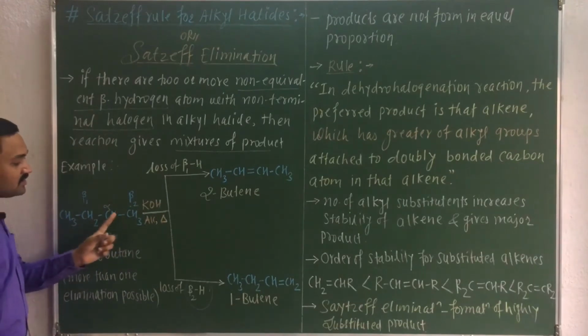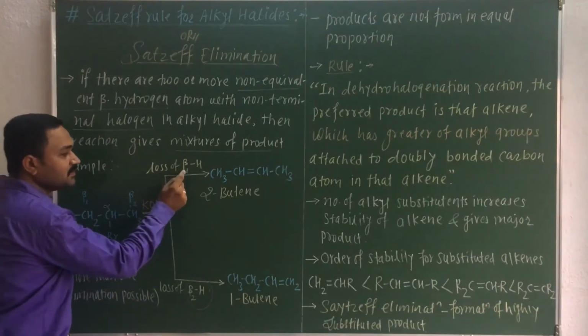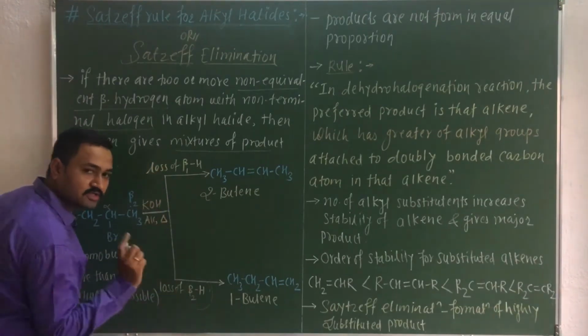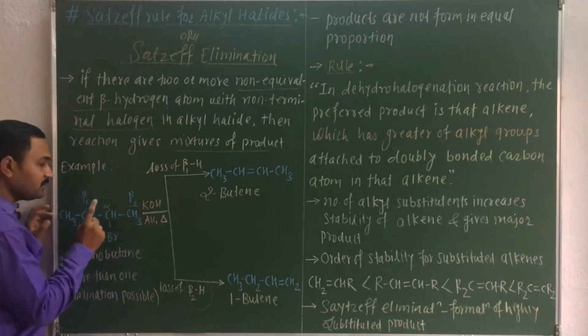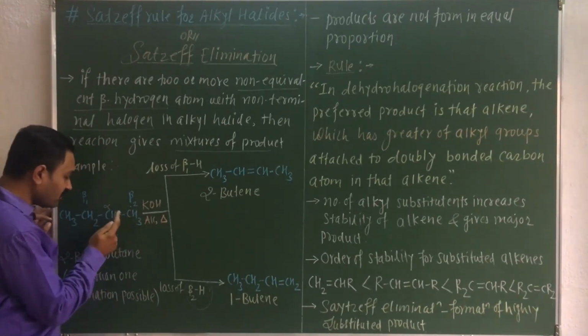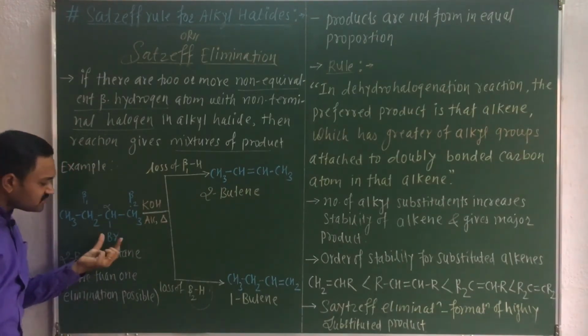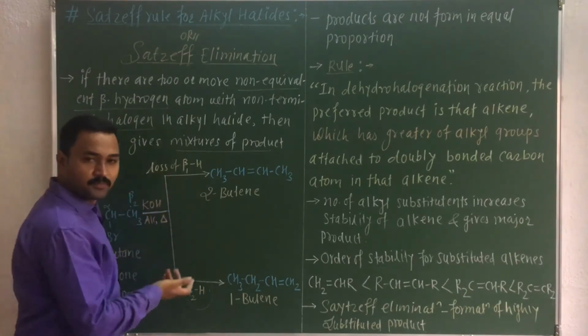So we get two different products by the loss of either beta hydrogen atom 1 or beta hydrogen atom 2. These are two different positions of beta hydrogen atoms, hence they are called non-equivalent beta hydrogen atoms, and the halogen atom is non-terminal also. So we get a mixture of products.